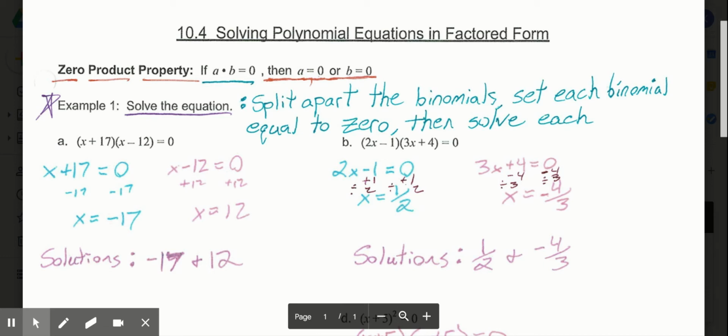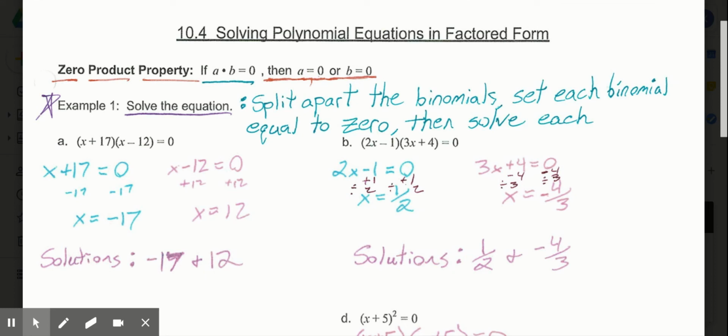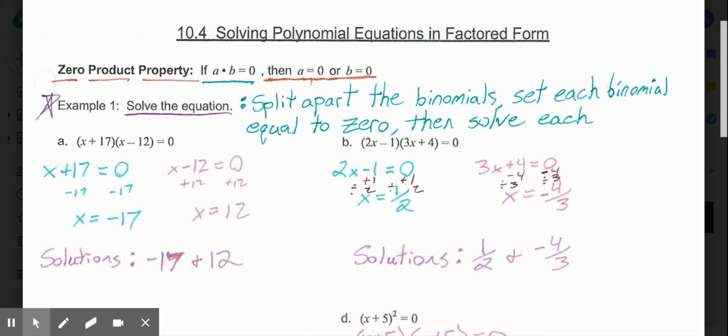In B, 2x minus 1 gets split and 3x plus 4 gets split. We set each equal to 0. Then we need to solve each for our variable. In 2x minus 1 equals 0, to solve for x, undo the order of operations. We add 1 to each side and divide by 2.